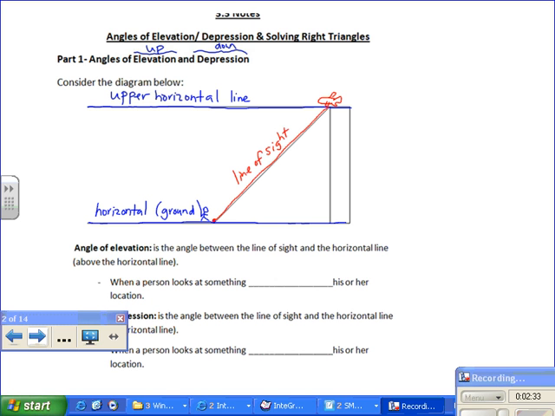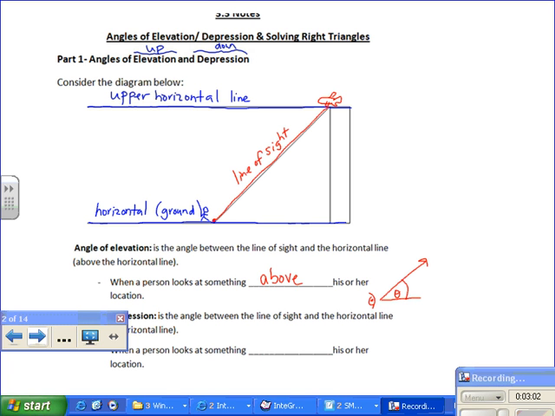So the line of sight is formed between where I'm standing and the object that I'm looking at in the sky. An angle of elevation is the angle that's formed when we're looking up at something. So when a person looks at something above his or her location, so when they're standing on the ground and they're looking, if their eyeball is here, at something above, this is called the angle of elevation.